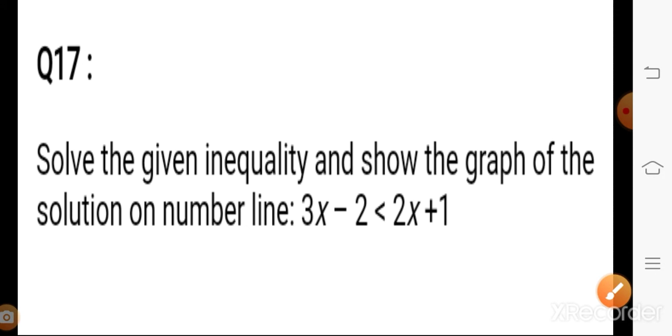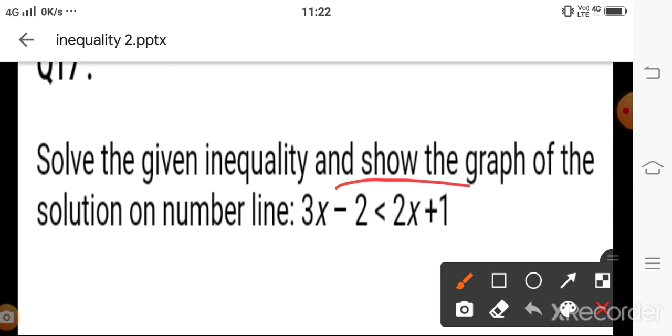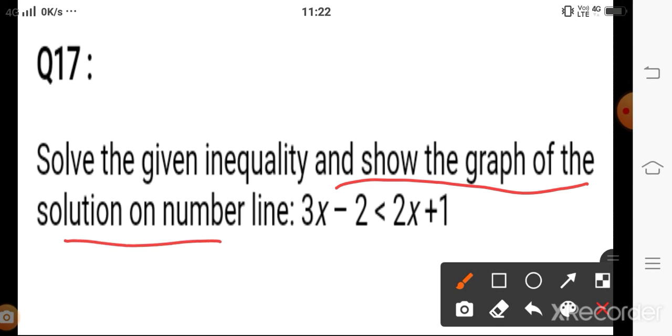Then let us start. A question from exercise 6.1, question number 17: solve the given inequality and show the graph of the solution on the number line. How to solve this we have already done in the first presentation.